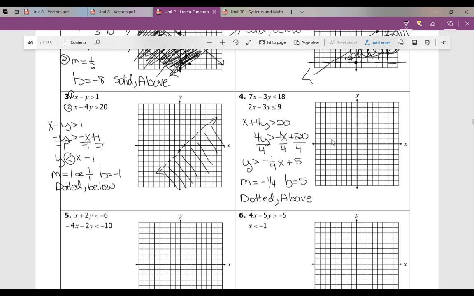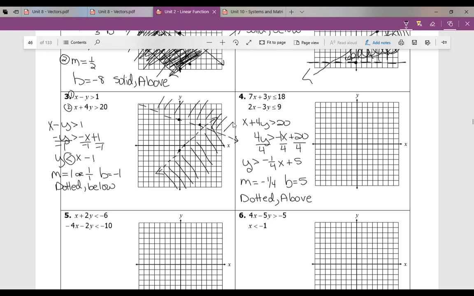So I'm going to start at 5. So go up 1, 2, 3, 4, positive 5. I have a negative slope, so I will go down 1, but I will go to the right 4. That is a dotted line. And we are going to shade above that line.